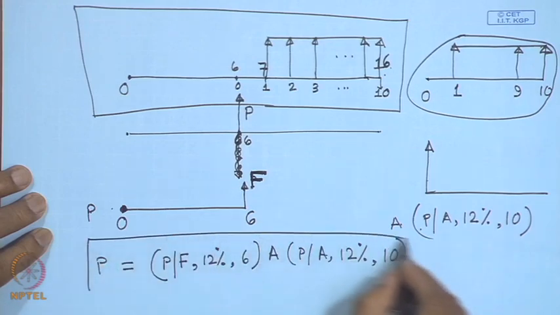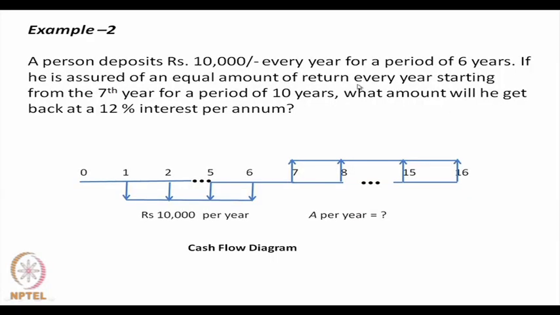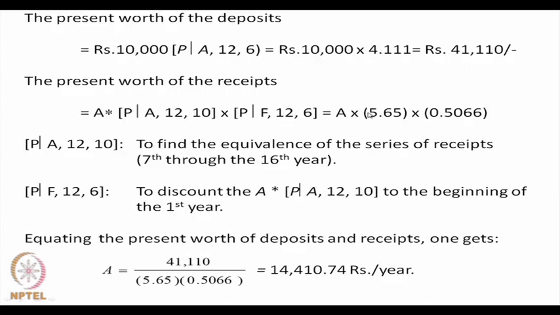So, this is the value of P, and that is what we have shown in this slide. The present worth of the receipts is equal to, first of all, P given A, R, 10 and then multiply that with P given F, 12, 6, and A is the amount of receipt that we are interested to find out, and the values are read from the interest tables, they are this and this.